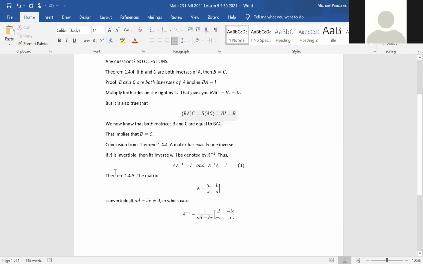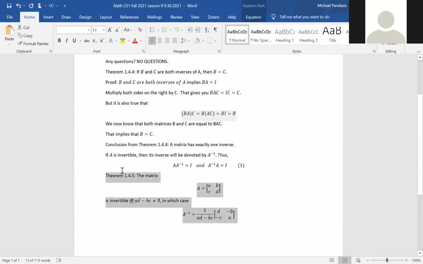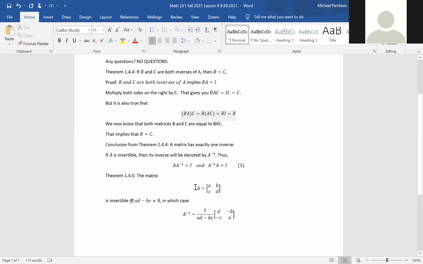Theorem 1.4.5 is very important. It says, given a 2x2 matrix of this form, where you're calling the entries little a, b, c, and d, that matrix is invertible if and only if AD minus BC is non-zero.